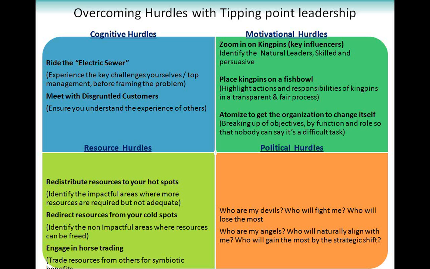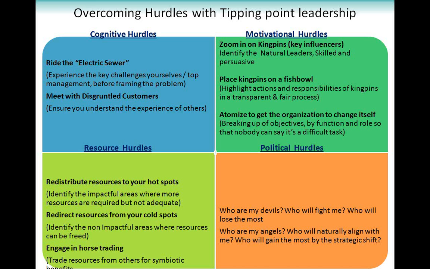For overcoming political hurdles, tipping point leadership suggests that one needs to clearly identify who are the devils, who will fight me, and who will lose the most if the blue ocean strategy is applied. It also suggests that you need to identify the angels whom you can naturally align with, and who will gain the most by this strategic shift.